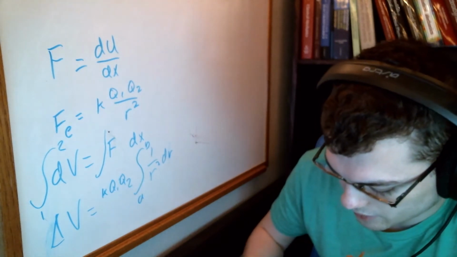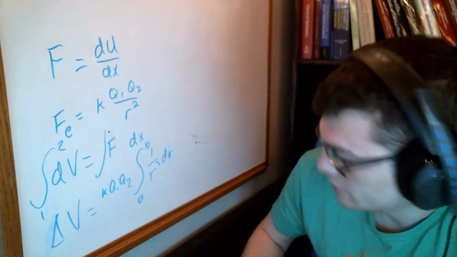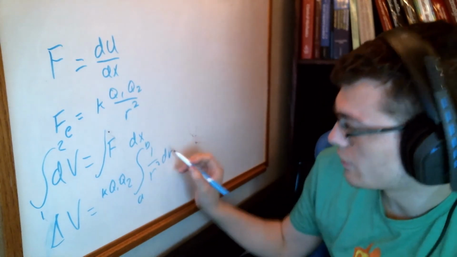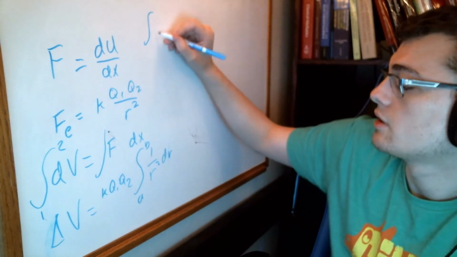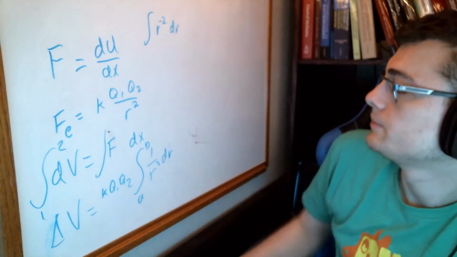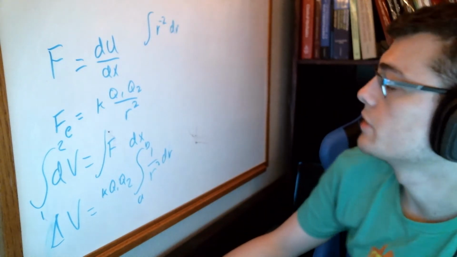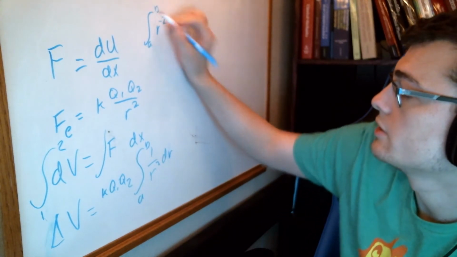Very quickly, we can go ahead and do this integral. If we rewrite it, we can write it as r to the -2nd dr, from a to b.